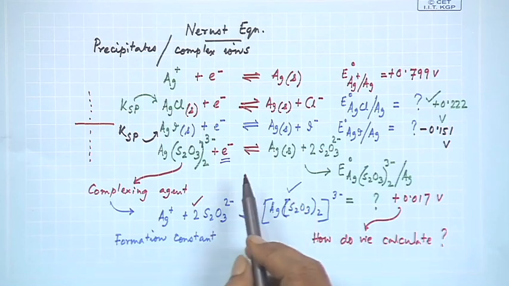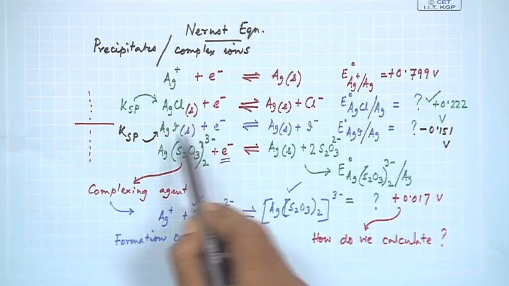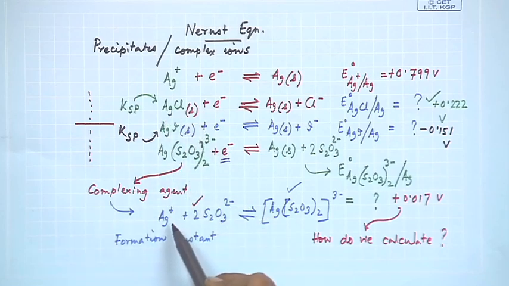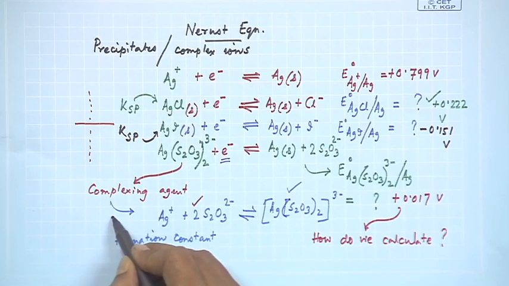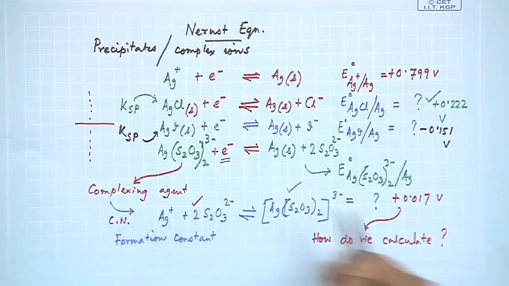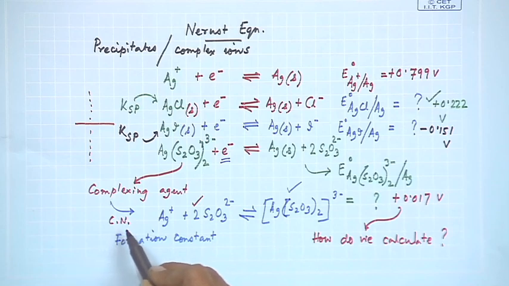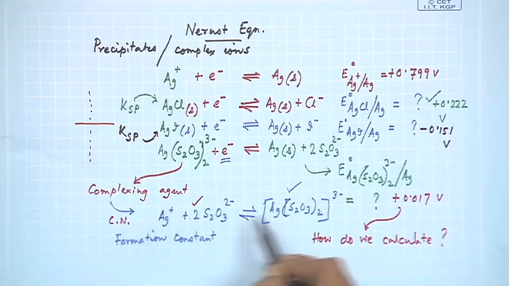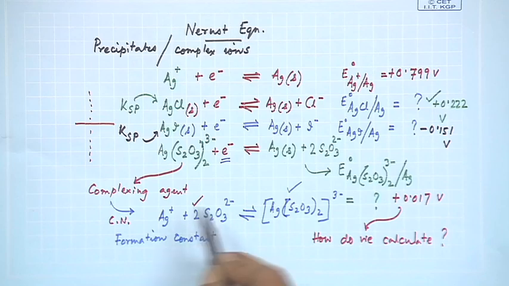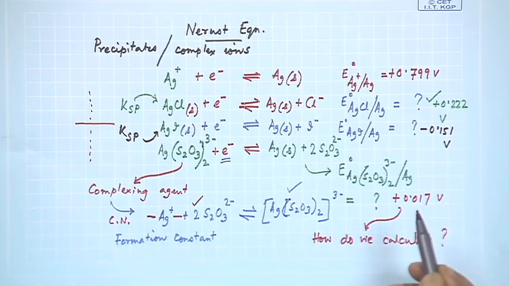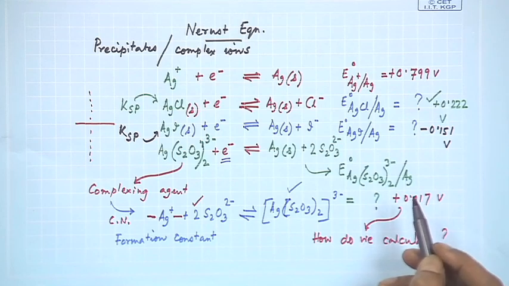So, if we consider the silver chloride case, silver, as we all know, can have a low coordination number, that means a coordination number of 2. So, if we are trying to fulfill a coordination number of 2, the silver binds this one first, then in the second step you get the second one. The first one binds to silver from this side, and the second one binds to this particular silver from the other side.